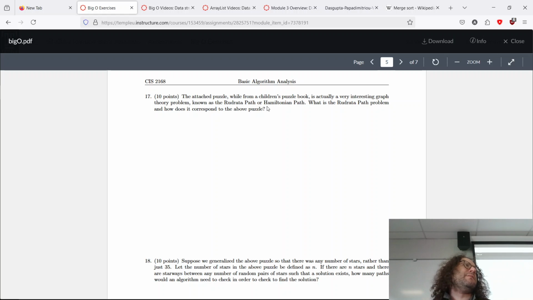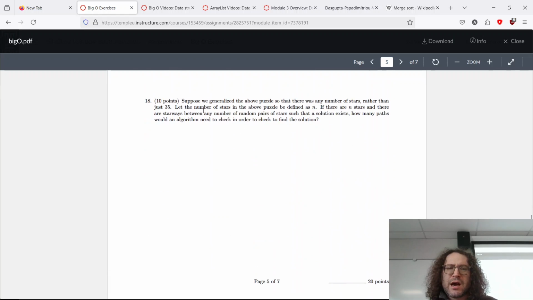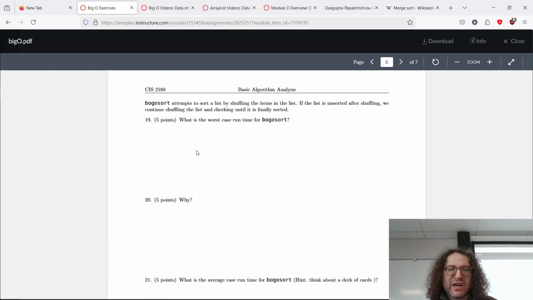They're just named differently because it was discovered by Hamilton, and it was named a Hamiltonian path after him for the longest time until they discovered that a guy in India, Rudrata, discovered it centuries beforehand. So, as happens in mathematics. Same name for basically the same thing, and I'm asking, is this the same thing? And if so, why? If you get this wrong, I'll sit down with you and explain different solutions to it. There are different justifications you can make.